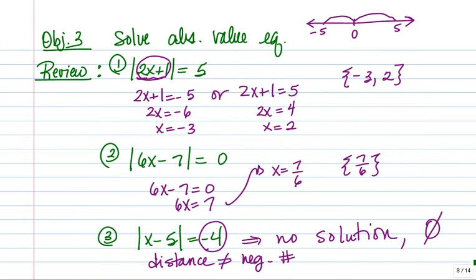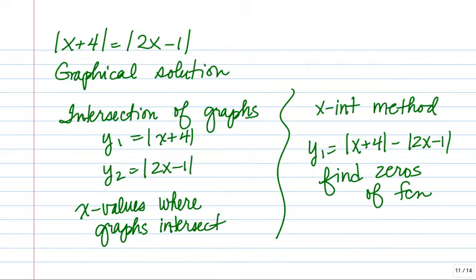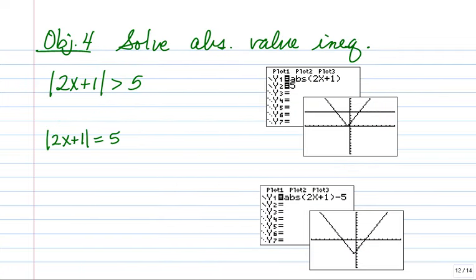We found negative 3 and 2. And that's confirmed here on the graph because negative 3 and 2 is where those two graphs intersect one another. Those are the solutions.